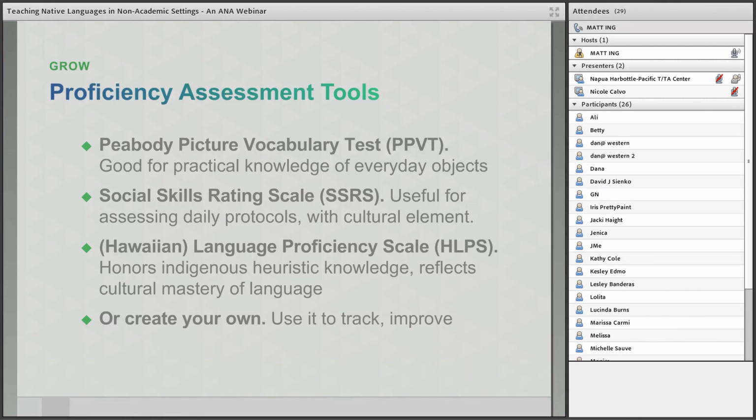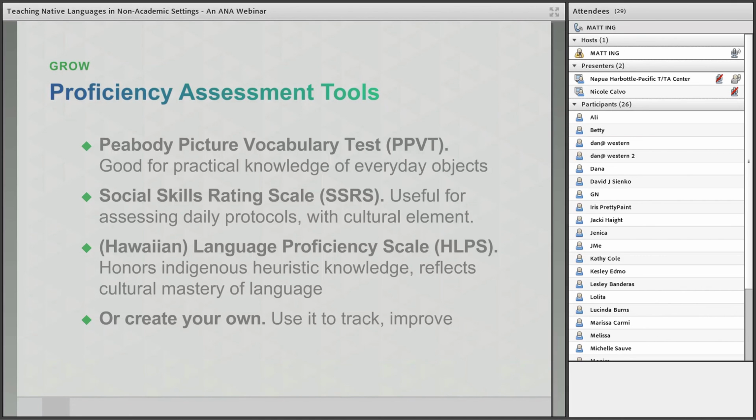It's good for practical knowledge, and this is for everyday objects and things like that, where you look at a picture and you write down what it is in the native language. So that's a proficiency test. Another one is the social skills rating scale, and this is useful for daily protocols. What do you do when you meet a person? How do you address them and things of that nature? So this is another assessment tool.